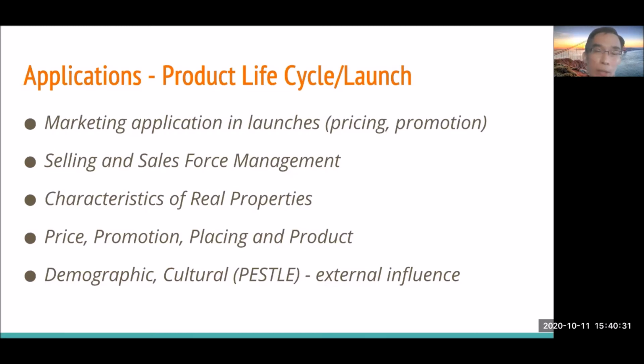Cannot. So now the placing for real estate will be thinking more like a scenario of whether it's online listing. You put all your real estate online, or you have another way offline. Let's say you do roadshow, you do showroom or show house, opening your show house. These are maybe different promotional channel. But placing in the way in the real estate sometimes can get confused with promotion in that sense.